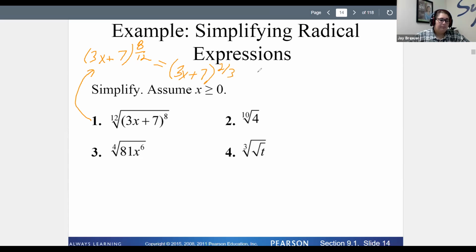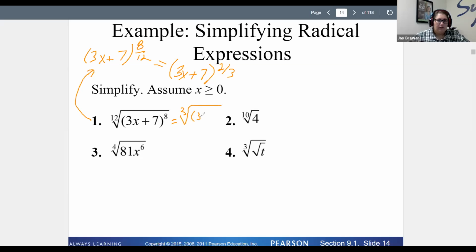Now, it just kind of depends on how Pearson's problem is set up. They could have you stop there if they don't care about the form. If they care about the form, they tell you it wants to be in lowest radical form, then you have to make sure that you put it back into a radical.